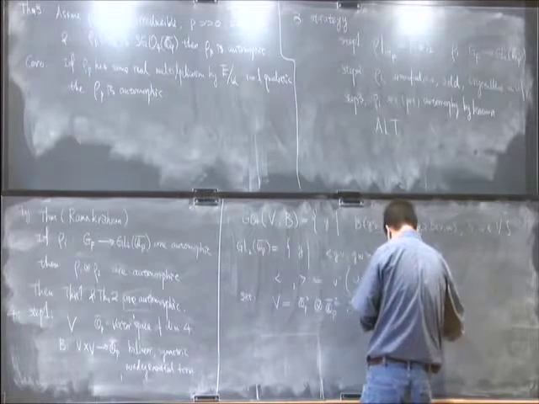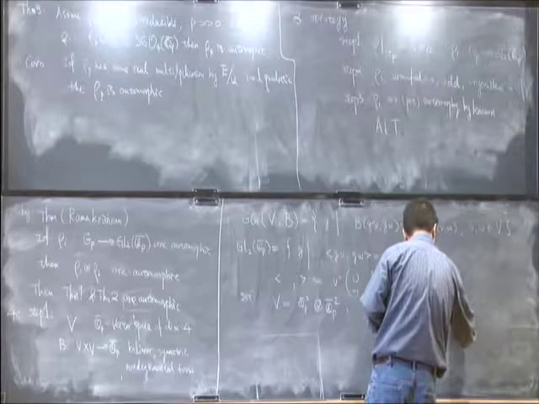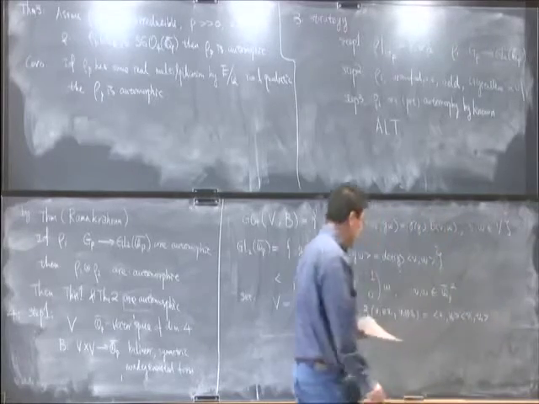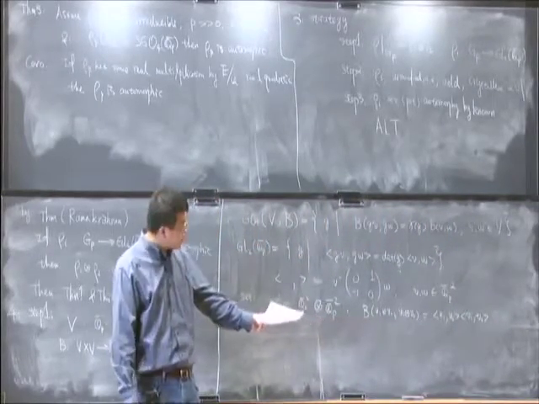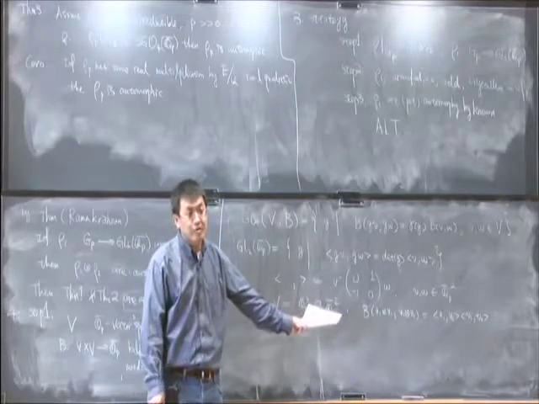It's just defined as (u1, u2) times (v1, v2). Okay, and it's straightforward to check.